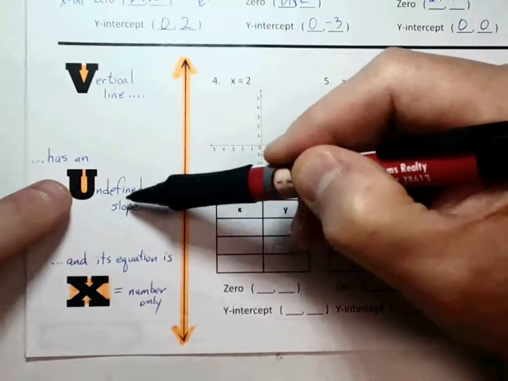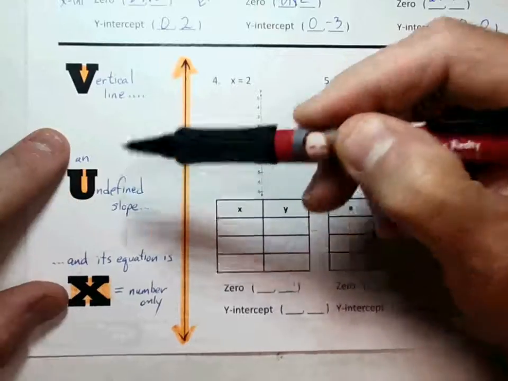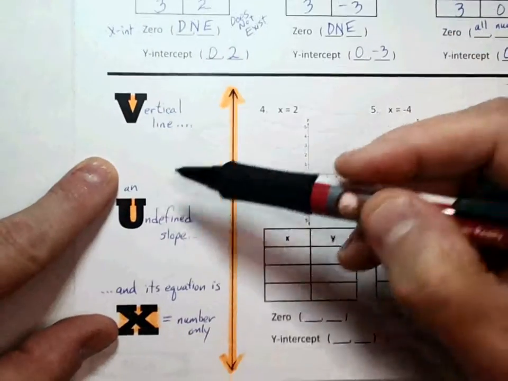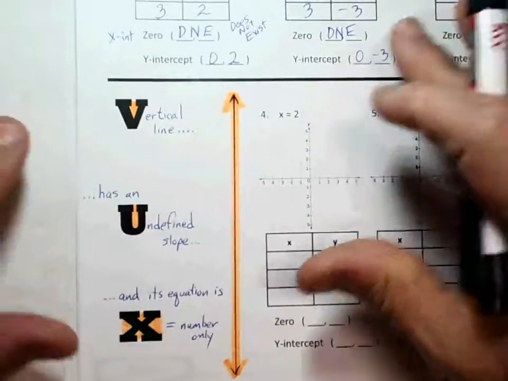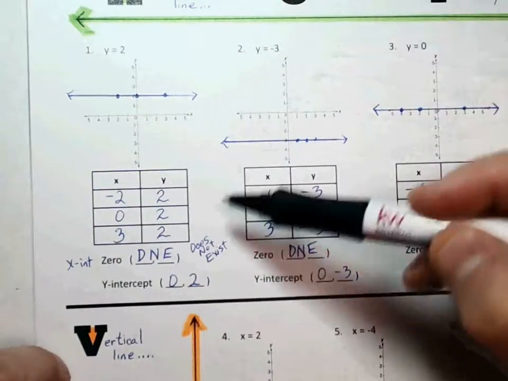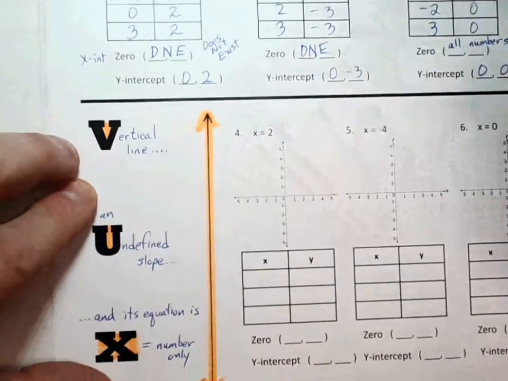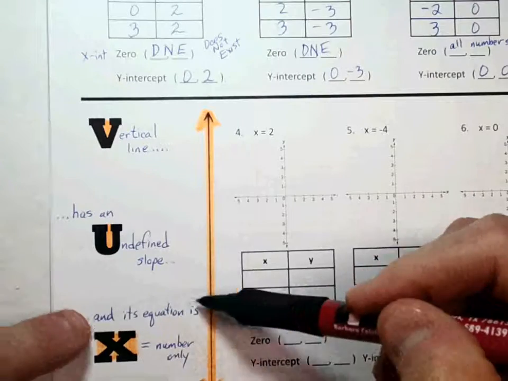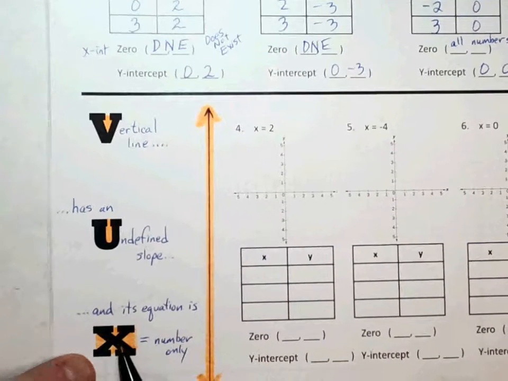There is no slope. It's not 0 because 0 slope is up here. 0 slope and undefined slope are 2 totally different things, just like this horizontal line is totally different from the vertical line. So we've got an undefined slope, and its equation is going to start with an x. There will be no y in the equation. Well, I'm going to have an x equal a number.